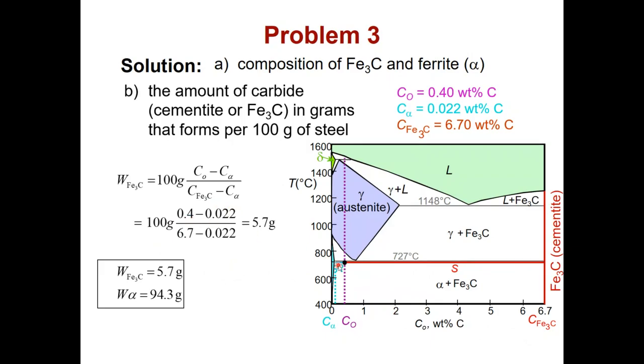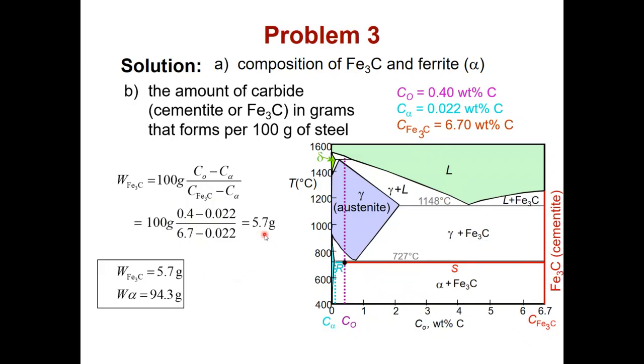So dividing this smaller portion by the overall length gives us the amount of cementite, and that is 5.7 grams if the whole result is multiplied by the mass of the material, that is 100 grams. So it gives us this much of cementite. What is left is, of course, the other entity, which is ferrite.